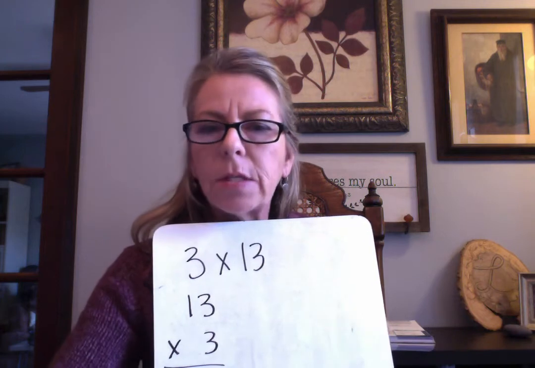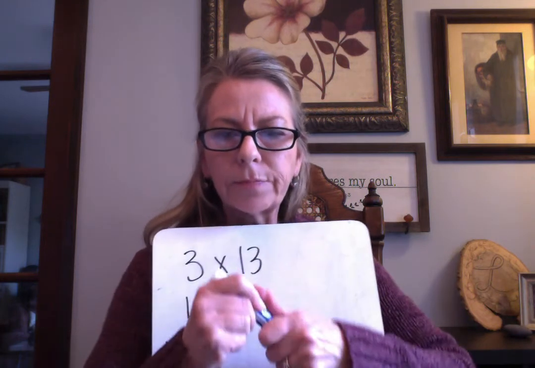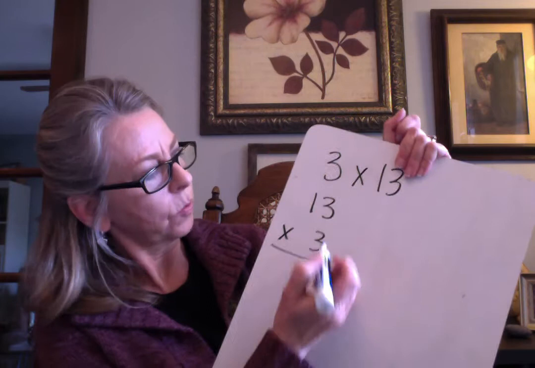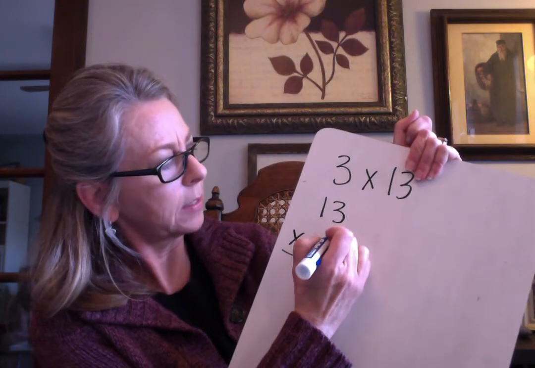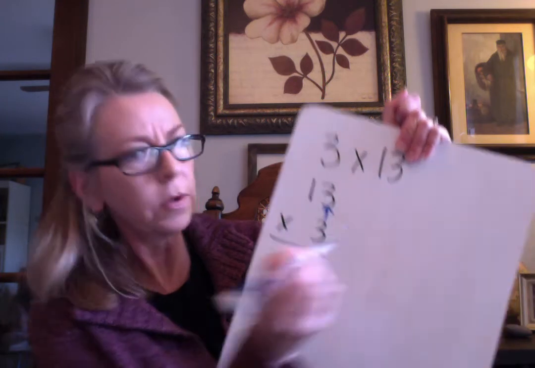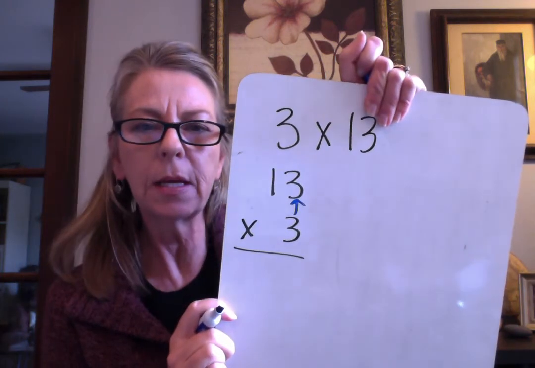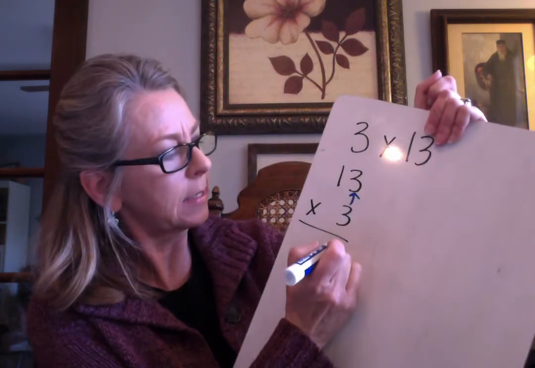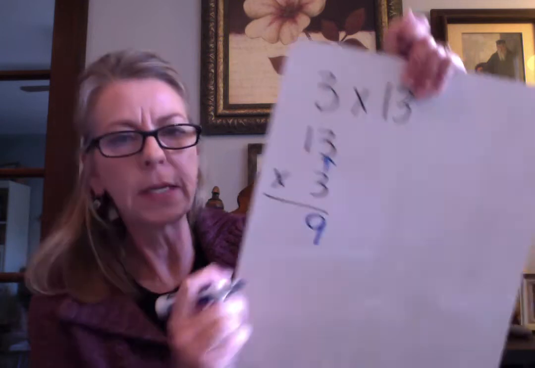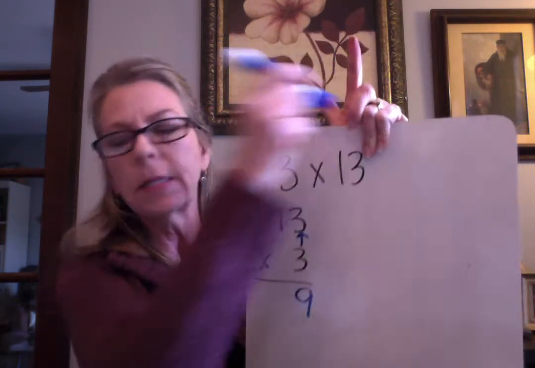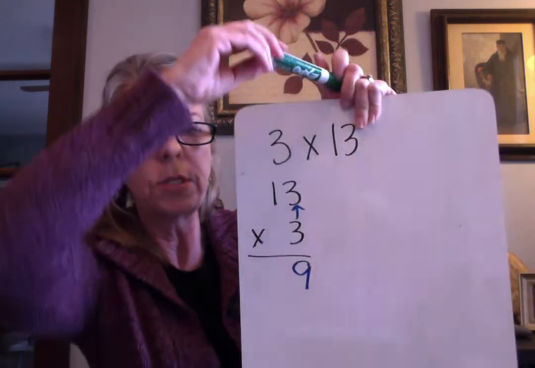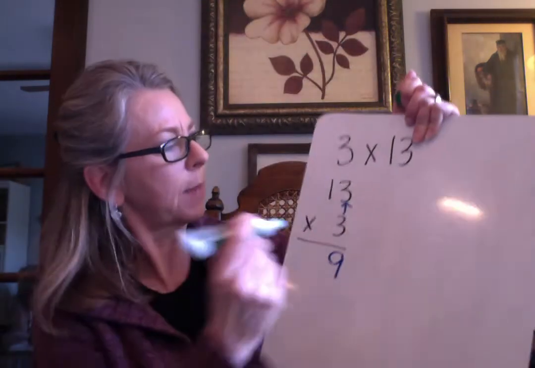Okay, so we start with our multiplier. And first we do our ones. So 3 times 3 ones. I'm going to draw an arrow. Okay, 3 times 3 ones. And that answer is 9, because 3 times 3 is 9. Okay, after I've done my ones, I'm going to do my multiplier times my tens.